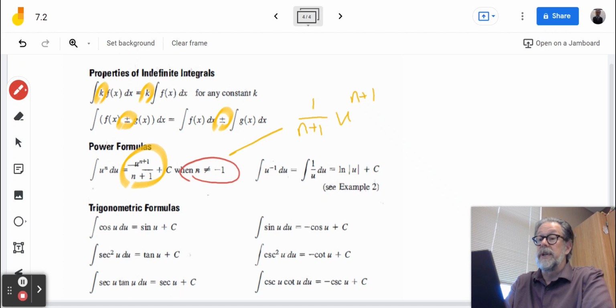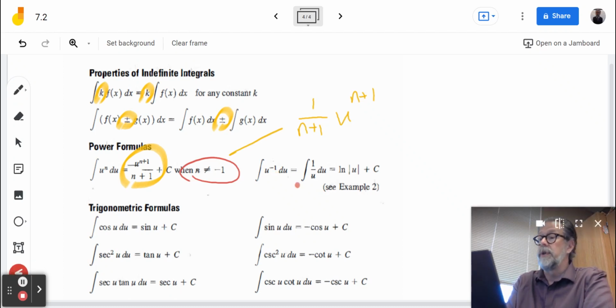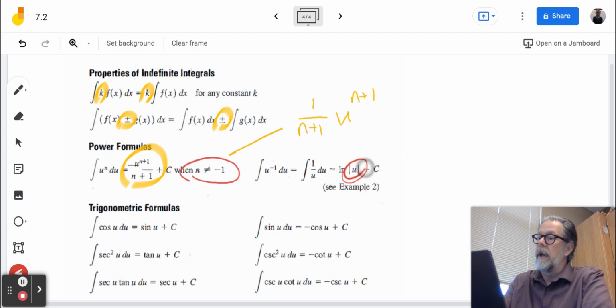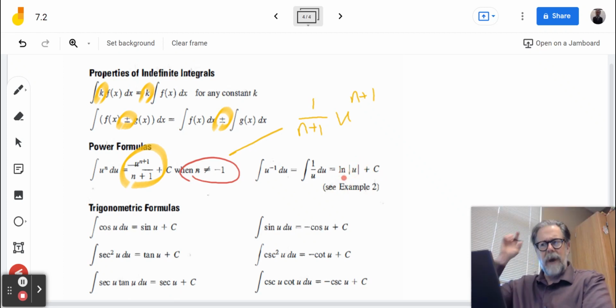But then that takes us to n equals -1, the special case right next to this, which is that the integral of u to the -1 is natural log. As we talked about in the first video, don't forget that absolute value, because this is not true.